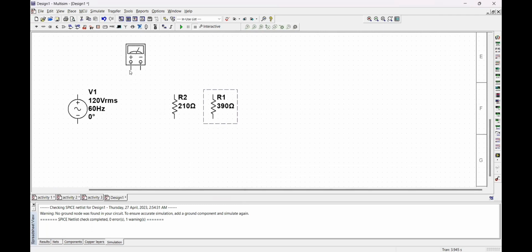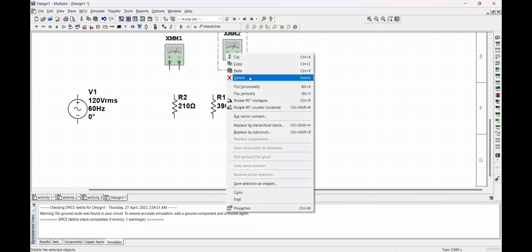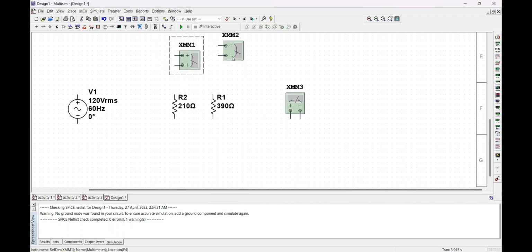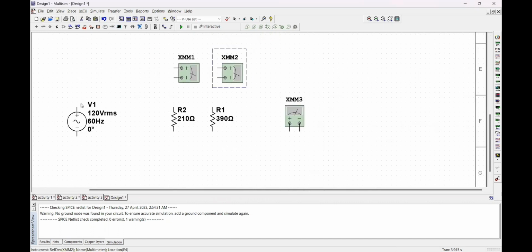And then we also choose the multimeter, 3 multimeters, for the first one is ammeter, second one is ammeter, and third one is voltmeter.